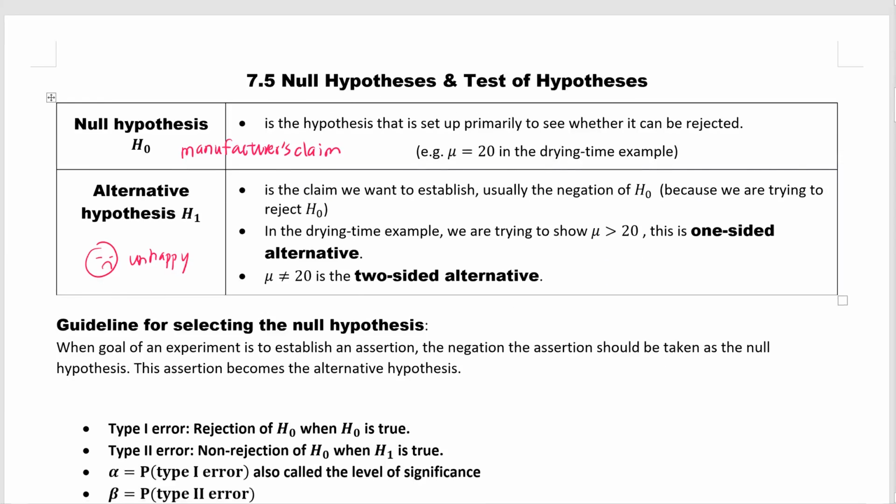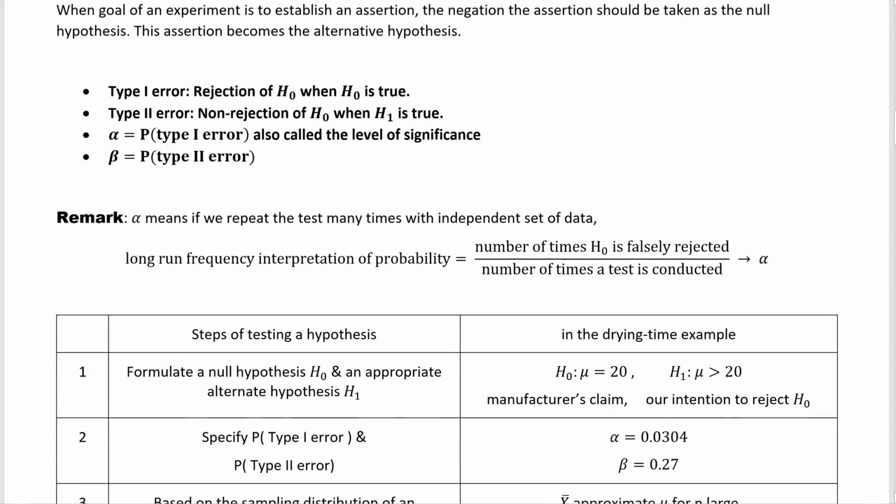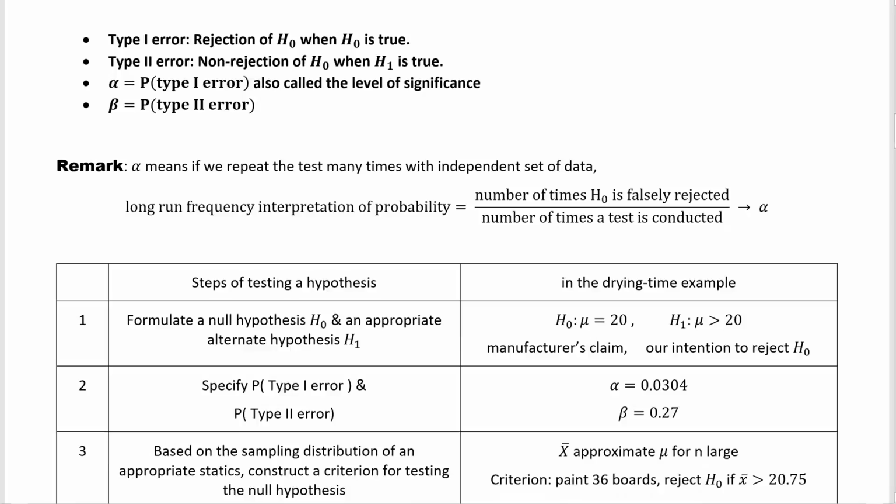All right, what is type 1 error? Type 1 error is when we reject the claim when the claim is true. Type 2 error is when we accept the claim when the claim is false. When the claim is false, then H1, the alternative hypothesis, is true. They're usually negations of each other.